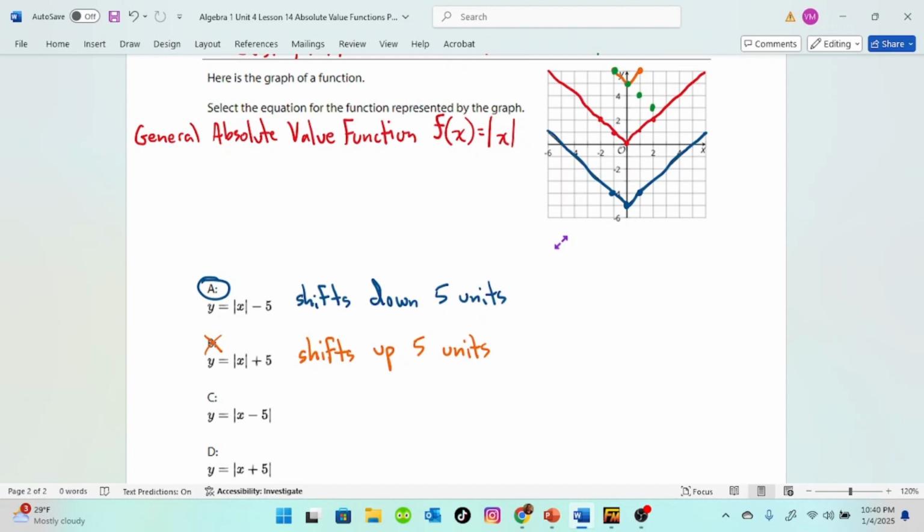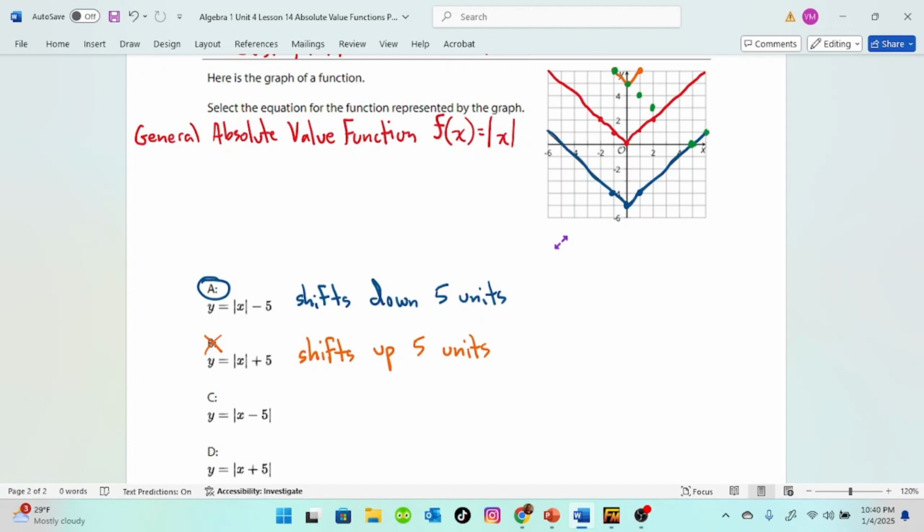I'm going to skip forward to 5. 5 minus 5 is 0, and the absolute value of 0 is 0. And if x were 6, then 6 minus 5 is 1, and the absolute value of 1 is 1.